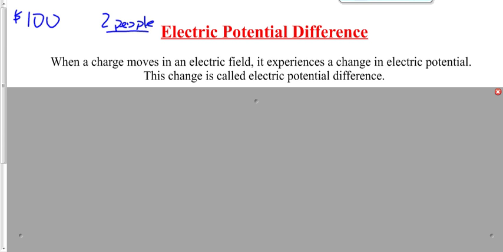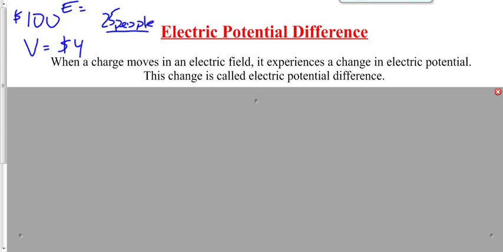The total energy is analogous to total money, right? Energy is $100. The energy per person, or the potential, would be $4, because it's the energy per person.